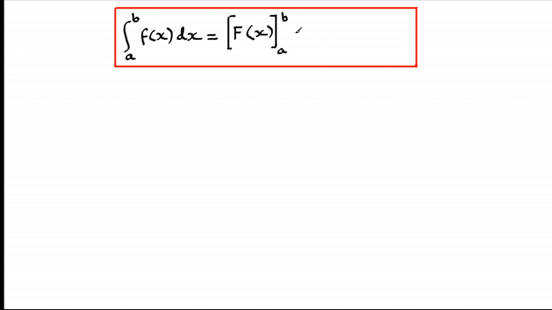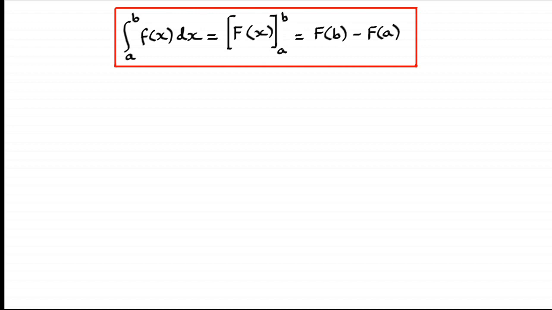What does this mean? When we work this out, we substitute b first in for x, work out f of b, then substitute a and work that out, and subtract our answers. So you get this result.